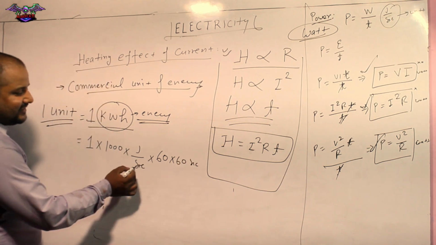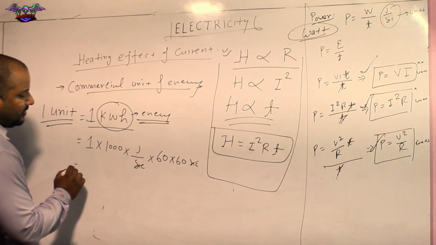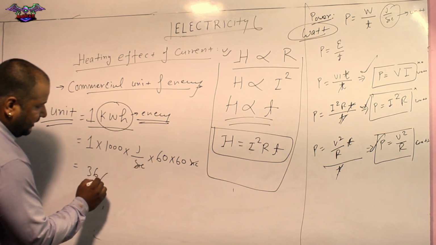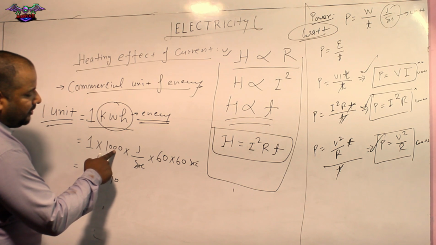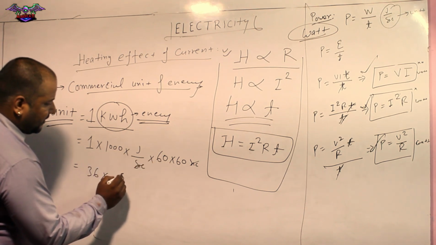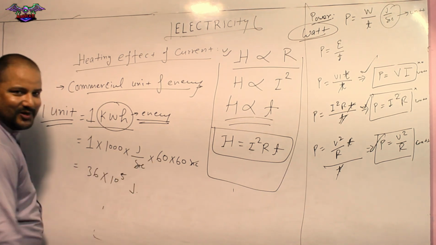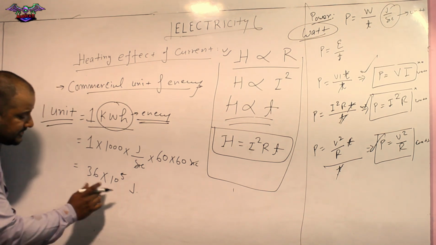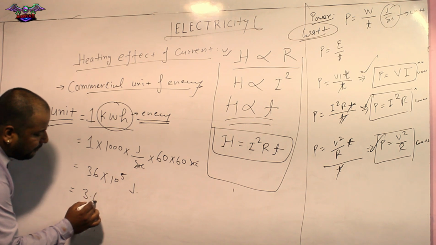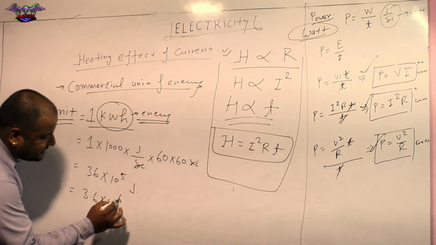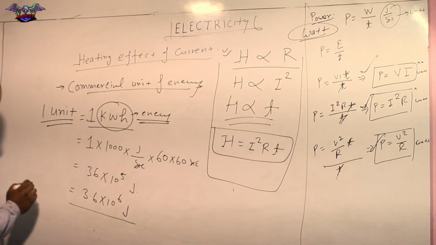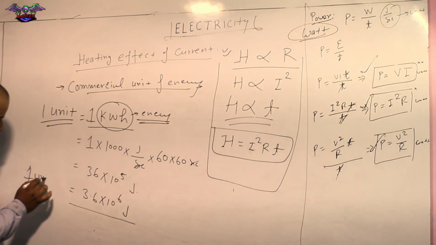Got it? Seconds will be cancelled. So 36 into 10 to the power 2, 3, 4, 5... that much joule. I can write it in scientific notation: that will be 3.6 into 10 to the power 6 joule. This is the value for 1 unit.